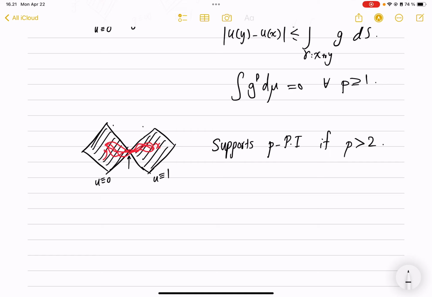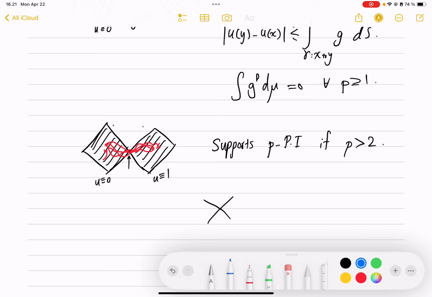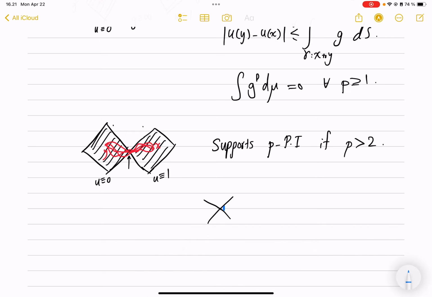So the reason p has to be large is that still we can concentrate g on the part that is closer. So g here is very large, and away from here it becomes a bit smaller.